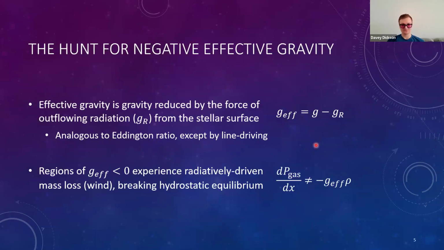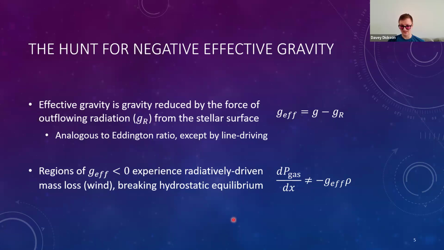Negative effective gravity is simply the net result of taking the contribution of gravity around the star and combining it with the force outward radially expressed by the radiation that is being absorbed in this line interaction. And this can break hydrostatic equilibrium and lead to net mass loss so long as this effective gravity is negative.